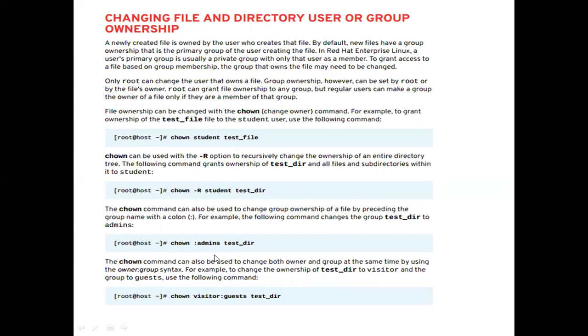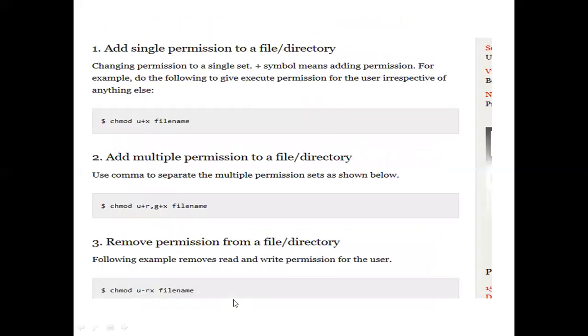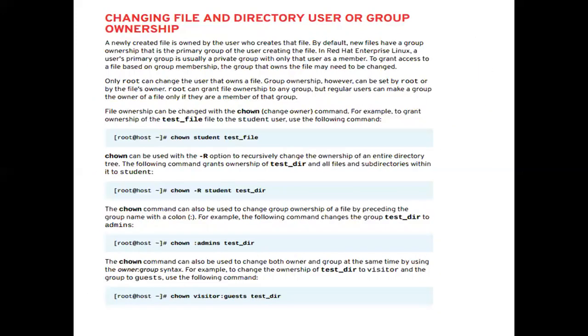And here also, the chown command can be used to change both owner and group at the same time. This is a user, this is a group. So you can change the ownership of the file using the chown command.